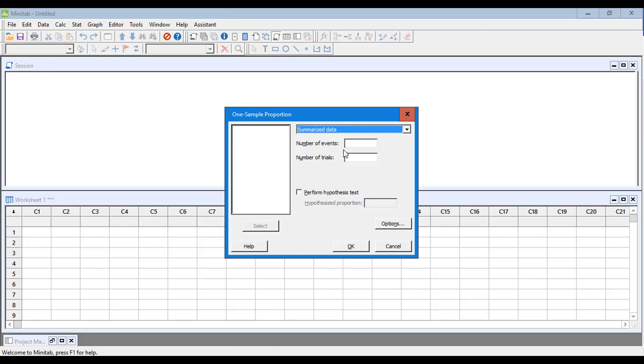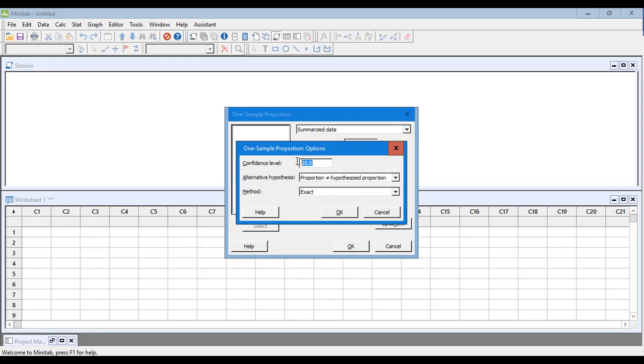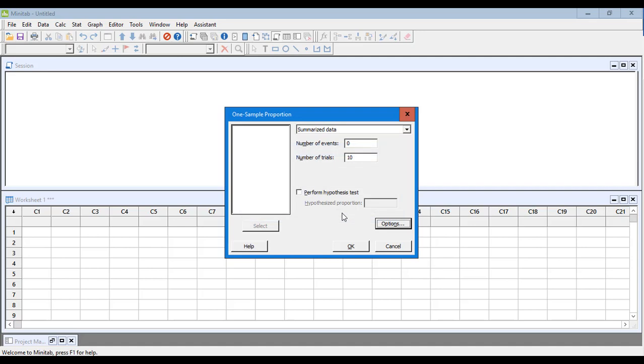Essentially, we're going to look at exposure risks if we, let's say, check 10 parts and find 0 defects, a sample size of 10, with 50% confidence. Let's say we change this to confidence level 50.